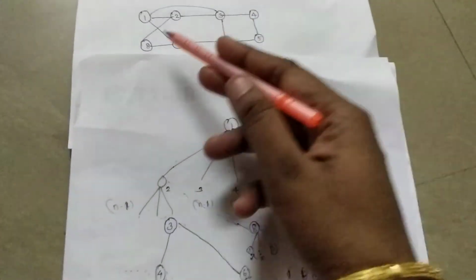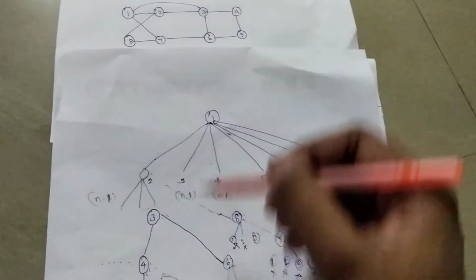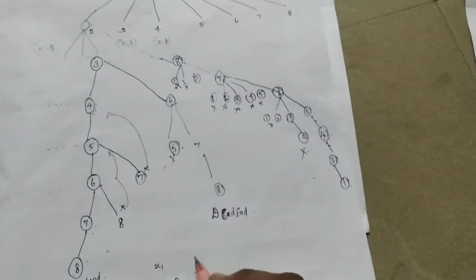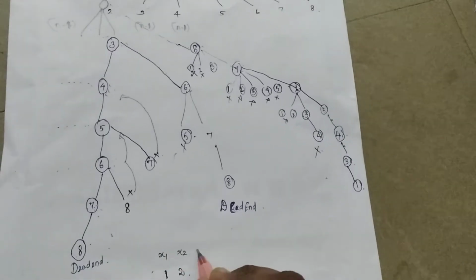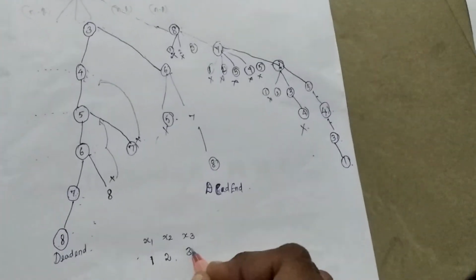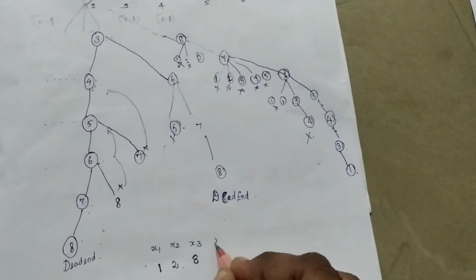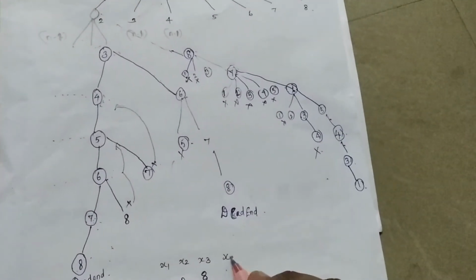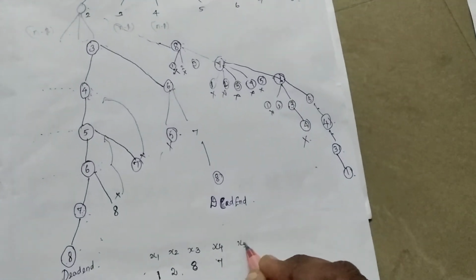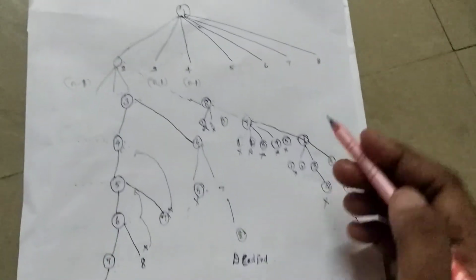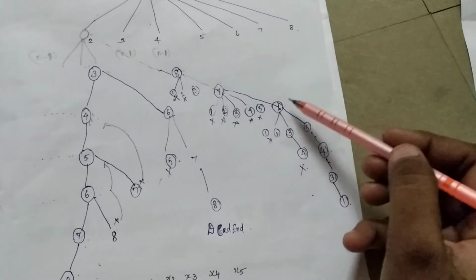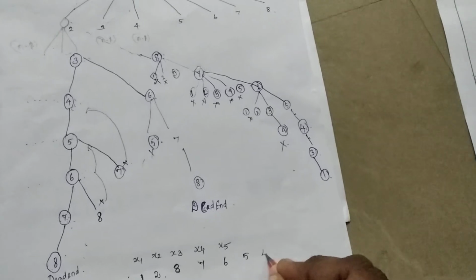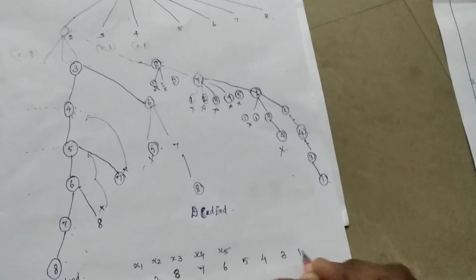Refer to this graph. x1 is 1, x2 is 2, and x3 is 8, and x4 is 7, and x5 is 6, then 5, 4, 3, 1, right?